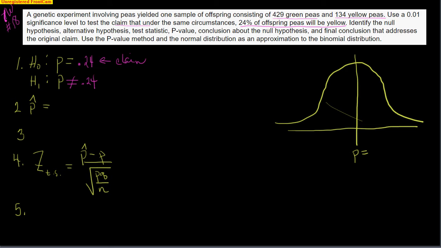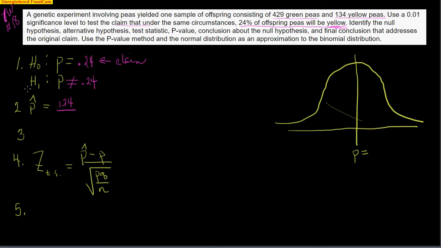Okay, so now we'll get to that actually in step 3, which is when we define the critical space and the critical value. But first we need to find p hat. Because our claim is regarding our yellow peas, how many peas were yellow in our sample? It looked like we picked 134 yellow peas.